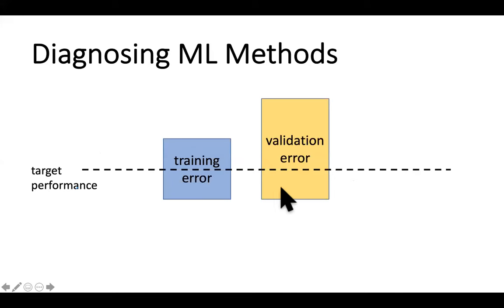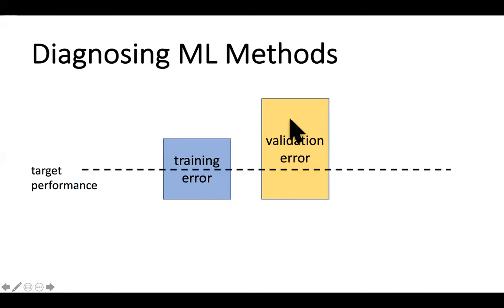But from a small training error, you cannot tell more than that the fit function works well. It fits the weights of the deep neural network or the linear model well to the training data, but it doesn't tell you more. You always have to compare the training error with the validation error.